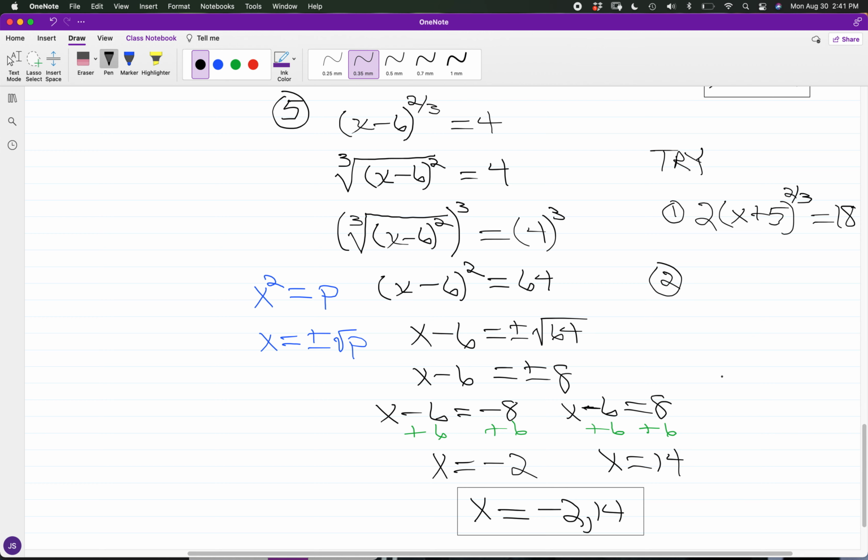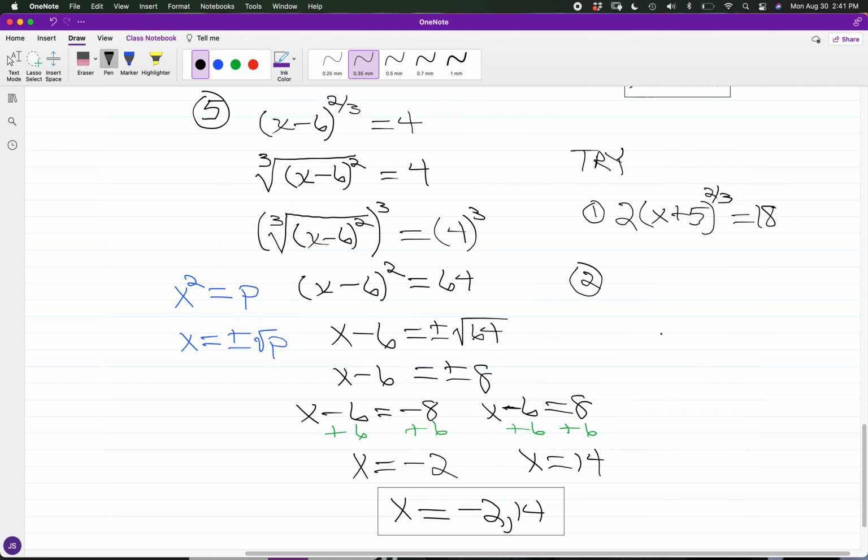And also just a little bit of a partial multi-step. Let's say we have 2x minus 2 to the 3/2 minus 3 is equal to 5. So for the next few moments, let's see what we get for x in these equations.